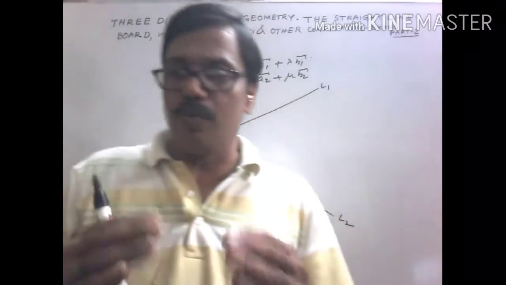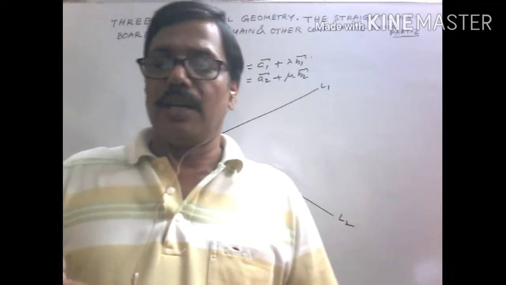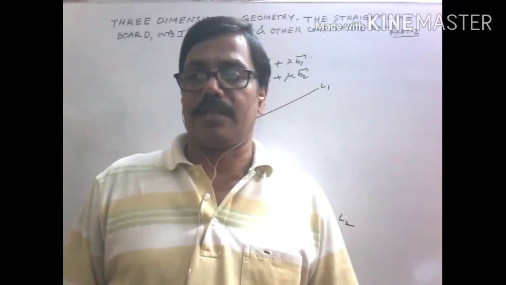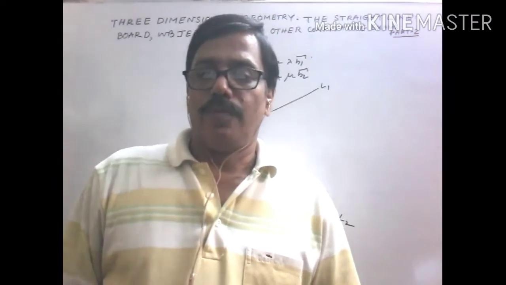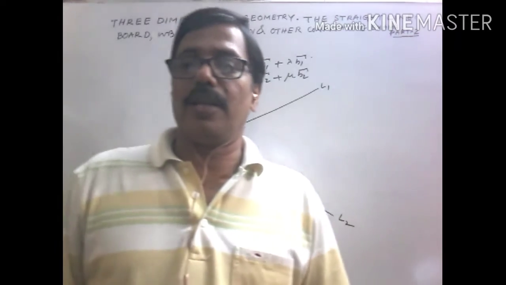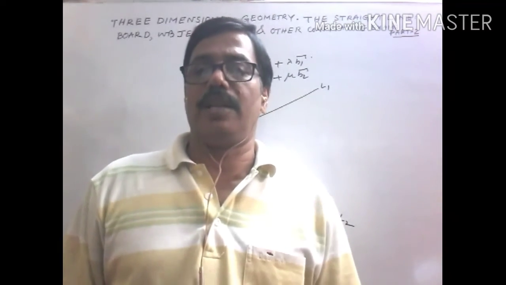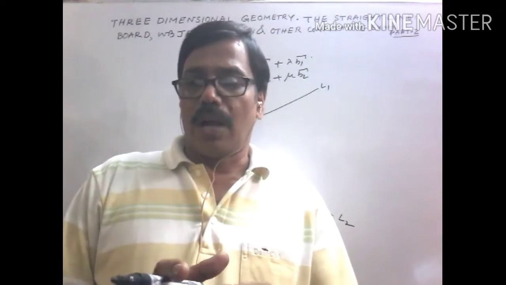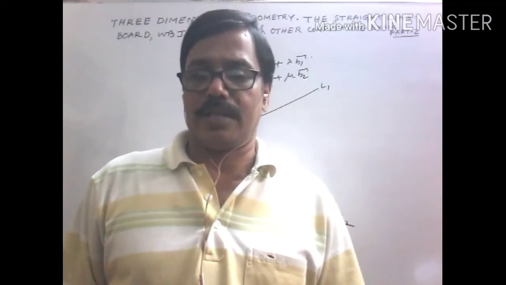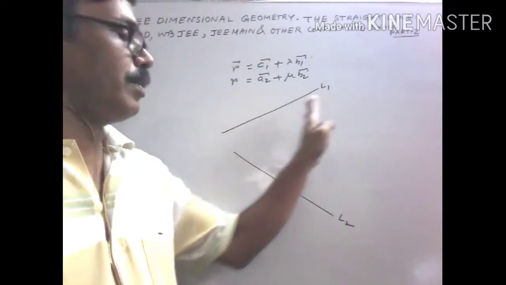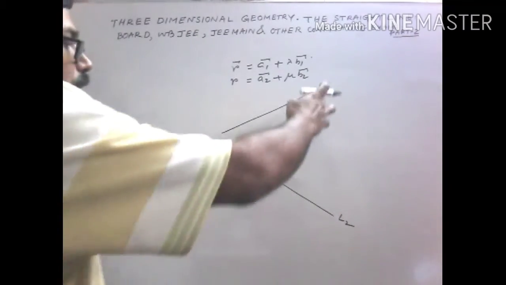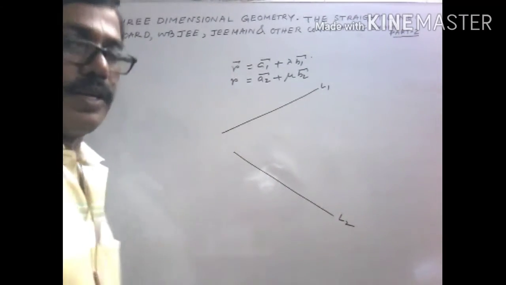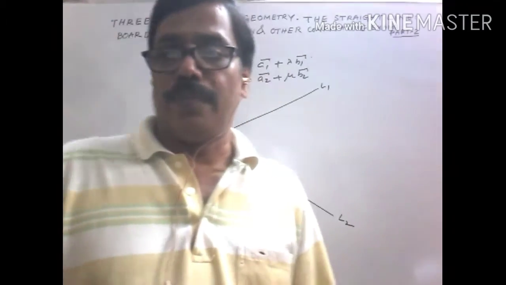Two lines are said to be skew if they are neither parallel nor intersecting. That is, they do not lie in a plane, because in a plane two lines are either parallel or intersecting. So they are in different planes. So L1 and L2 are in different planes. It is not possible to show this one.